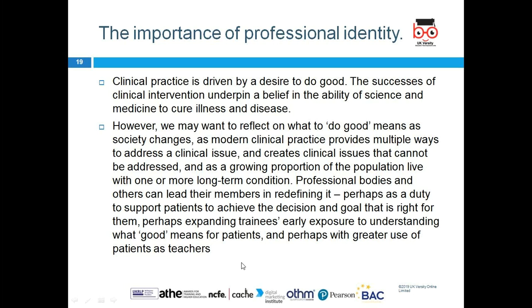So professional bodies and others can lead their members into redefining it. So perhaps as a duty to support patients to achieve their decisions and the goal that is right for them. They can perhaps expand trainees' early exposure to understand what good means for patients, and also perhaps with greater use of patients as teachers.